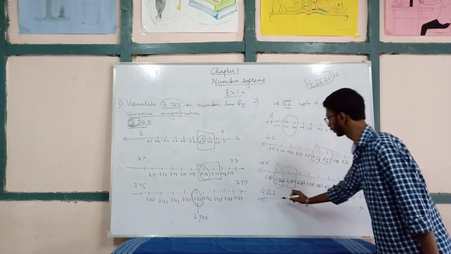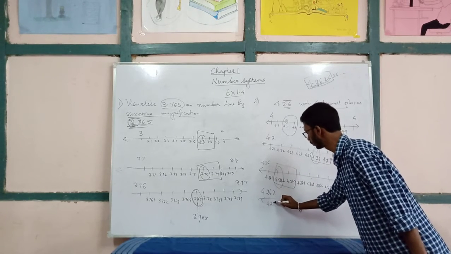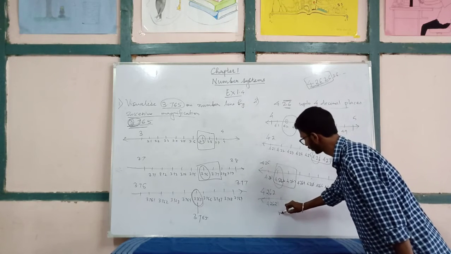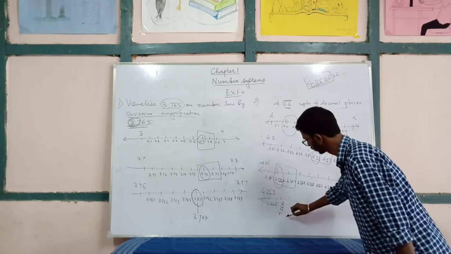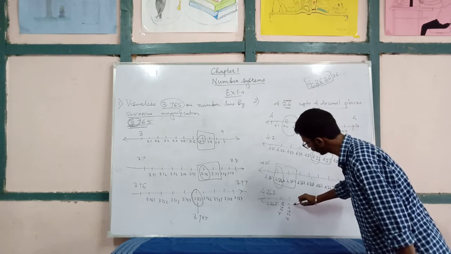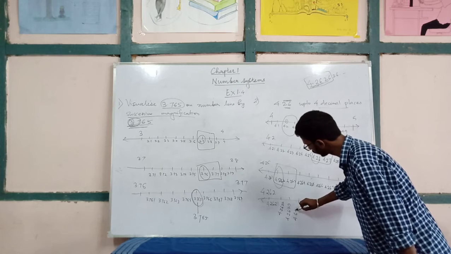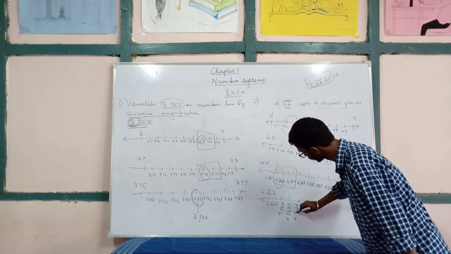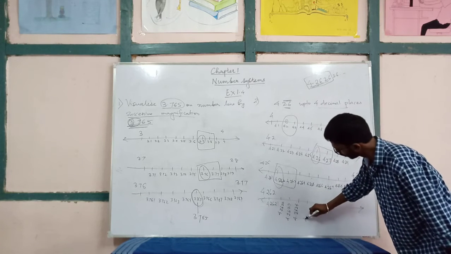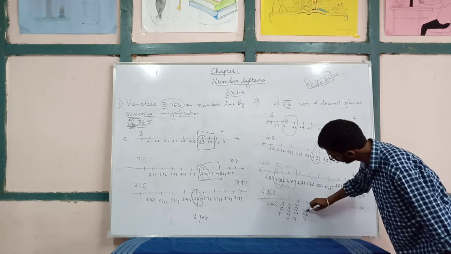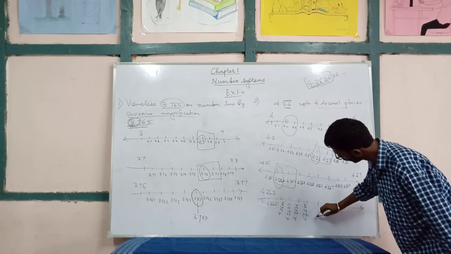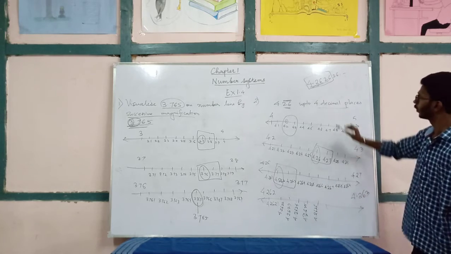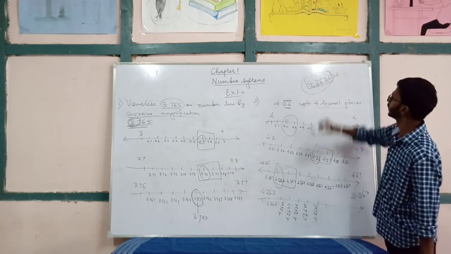So what will we get now? 4.2621, 4.2622, 4.2623, 4.2624, 4.2625 and then 4.2626, and we continue. We have to plot only up to 4 decimal digits.